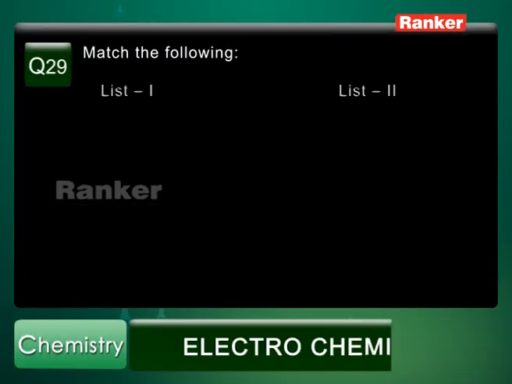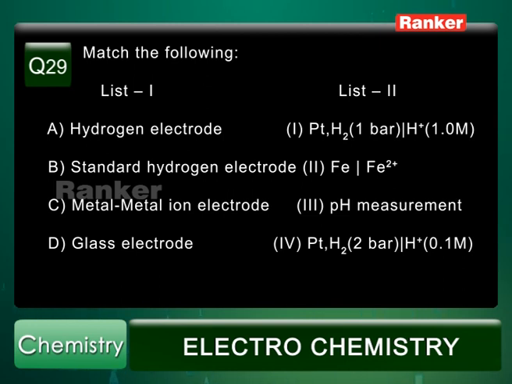Question number 29. In the list 1 we have various electrodes, and in the list 2 we have electrode reaction. Hydrogen electrode, then you have standard hydrogen electrode, then metal ion electrode, and then glass electrode.